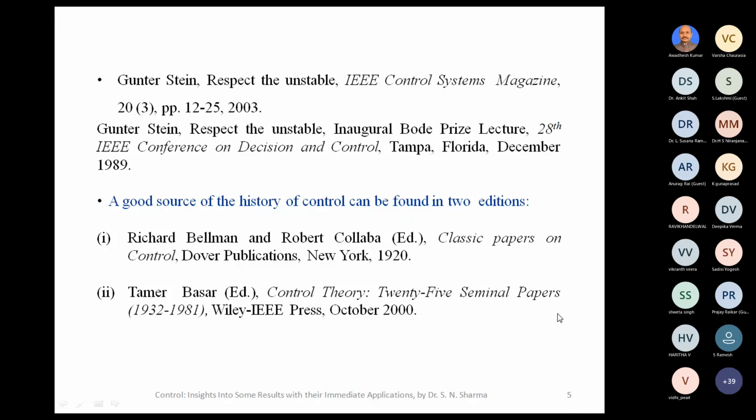And now I think again in 2031 or 2030, there will be a similar compilation. People would be compiling what are the best papers in control. You can find in this compilation 25 seminal papers, 1932, 1981. First they were published and then it came in books.